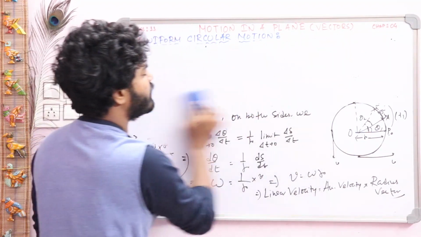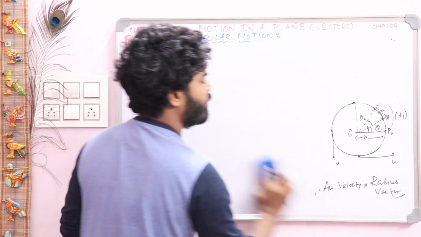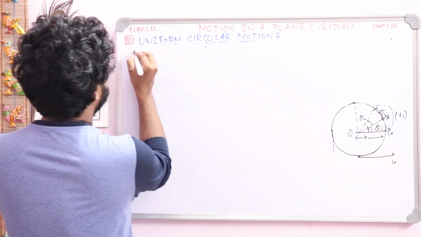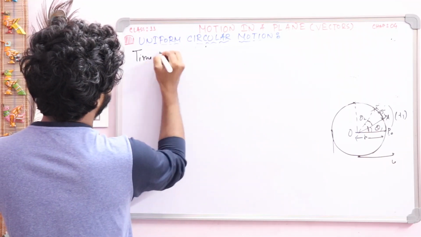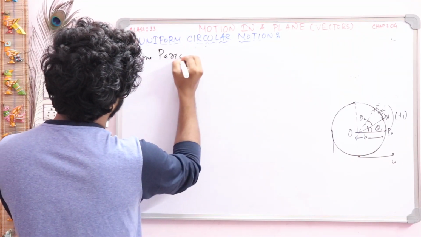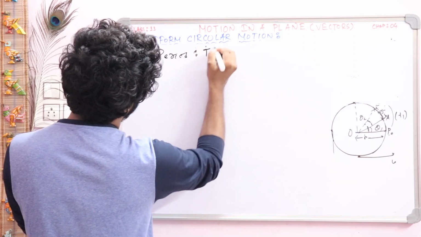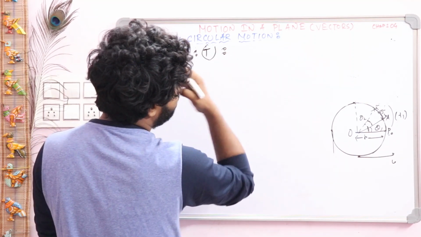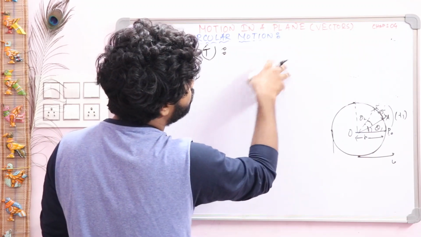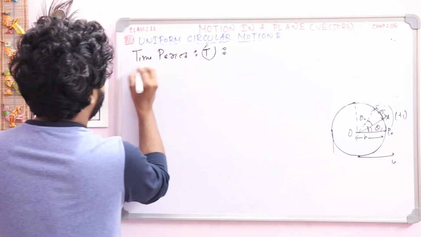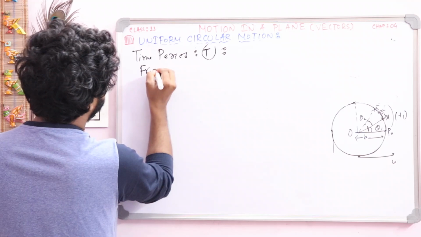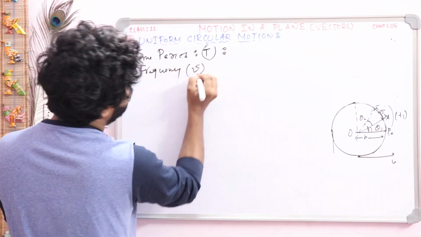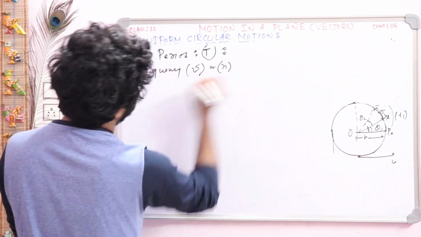Time period is denoted by symbol capital T, that means the time taken by a body or particle to complete one revolution, and frequency is denoted by nu, or you can write n also.